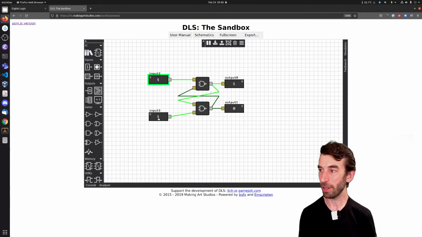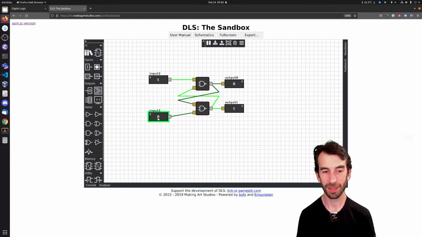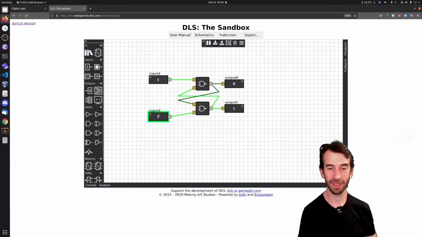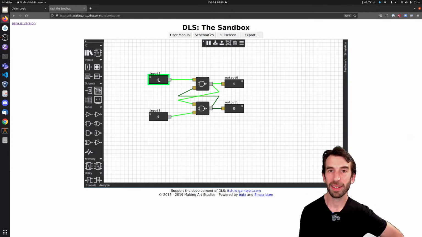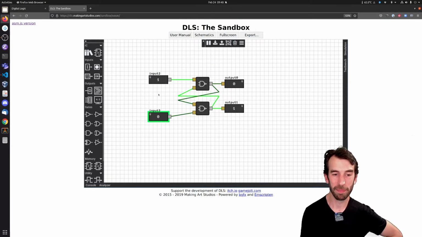When the input at the bottom goes to 0, no matter what I do with it, this one at the bottom goes to 1. And I can do that again. I can store a 1 at the top and store a 1 at the bottom.